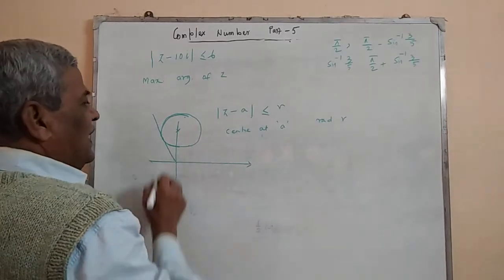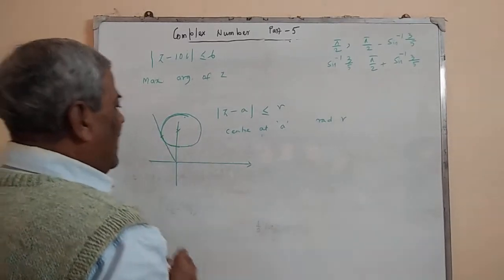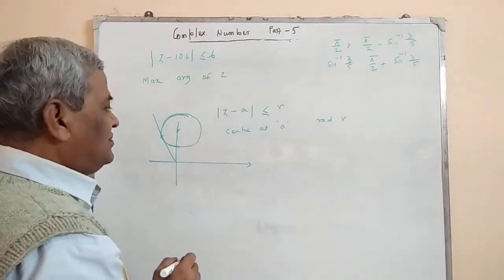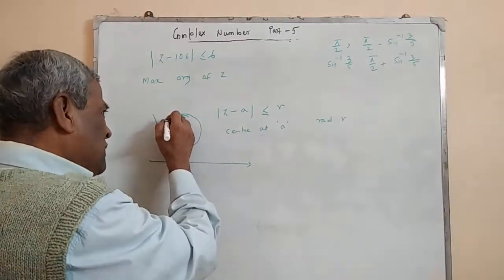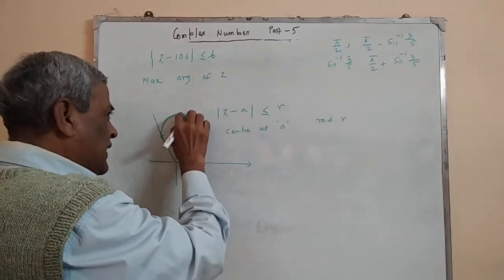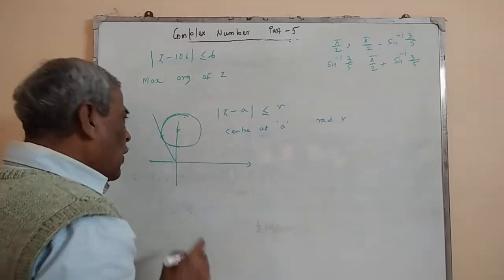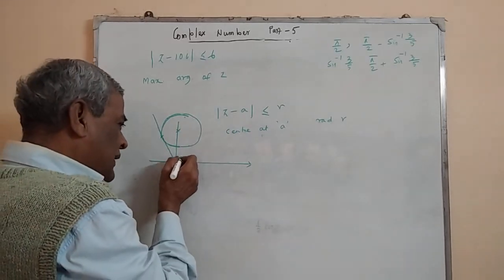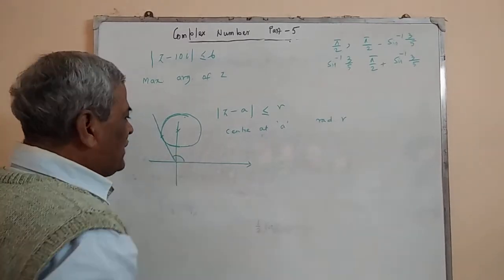At that point, the argument of Z will be maximum. Because if we take Z on that, in all cases the argument is less than that. So our maximum argument is that.